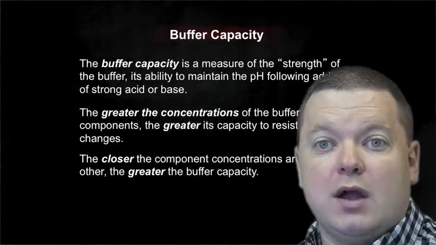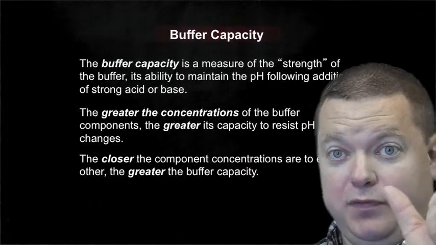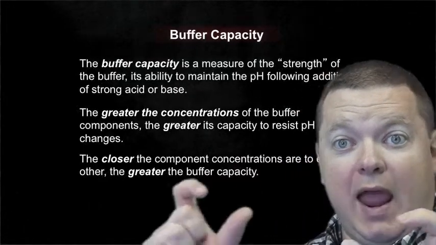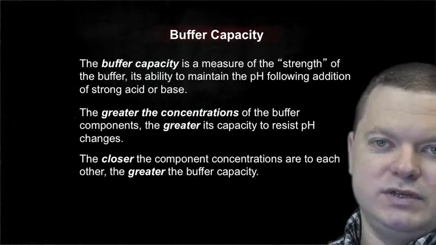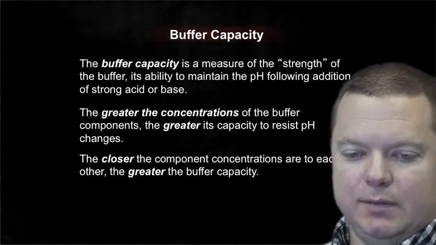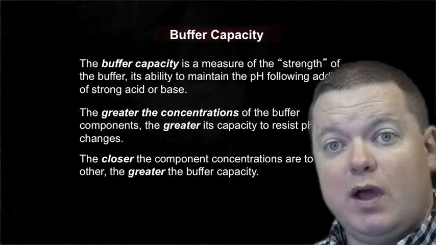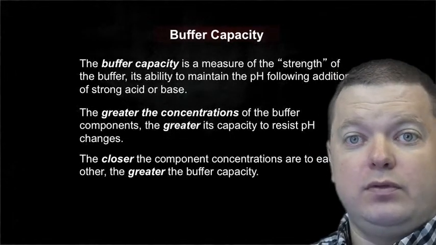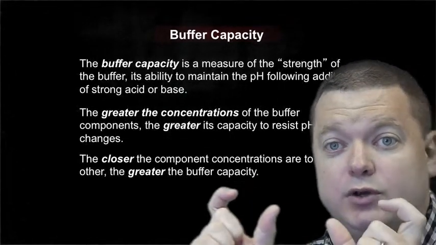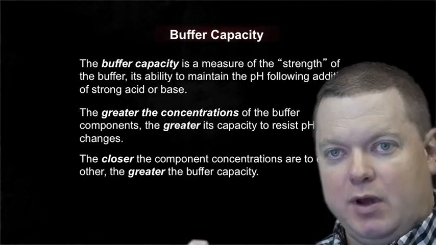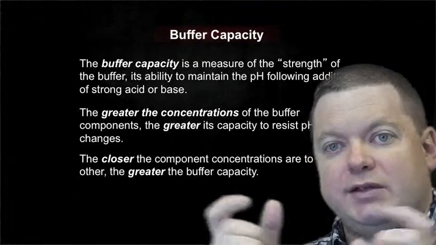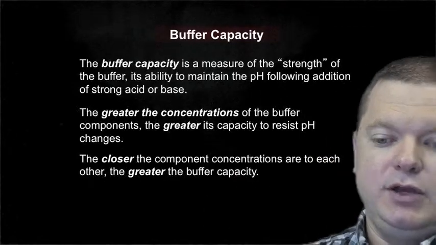So the greater the concentrations present in the buffer, both the weak acid or base and its conjugate, the higher those numbers are, the greater its resistance to pH change is going to be. As well, the closer those two concentrations are to each other, the greater the buffer capacity is going to be. Right? Because a small change is going to be offset by its ability to shift back.